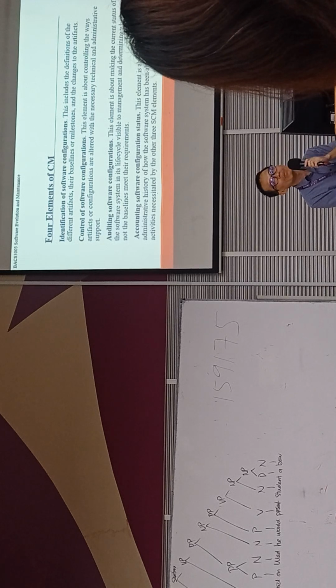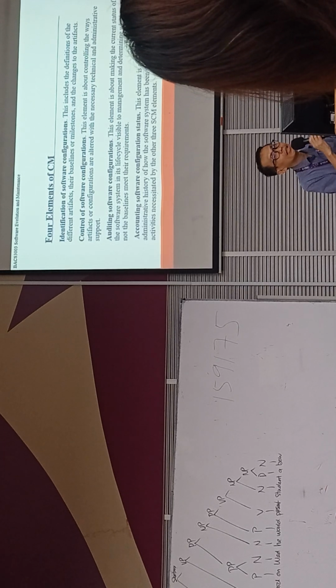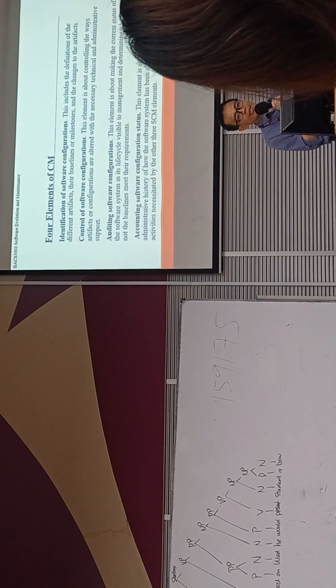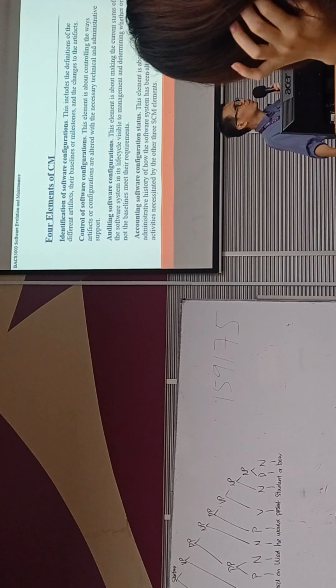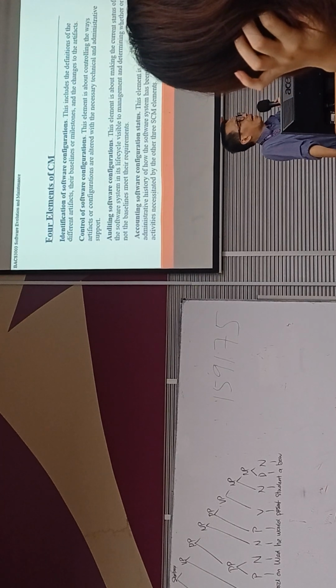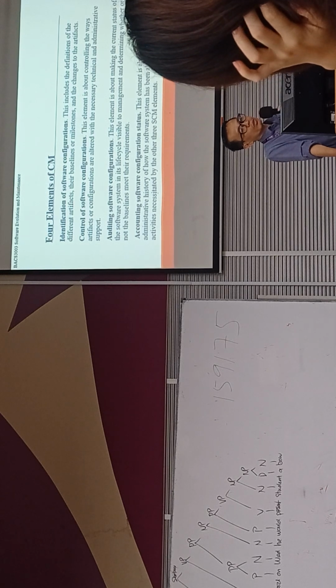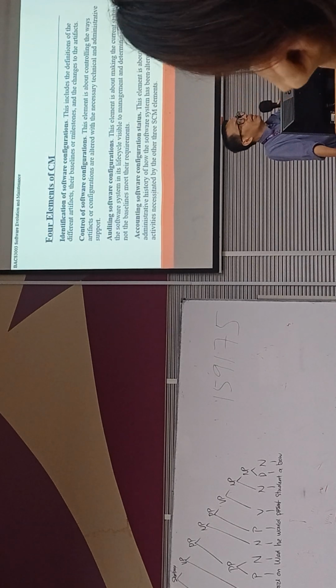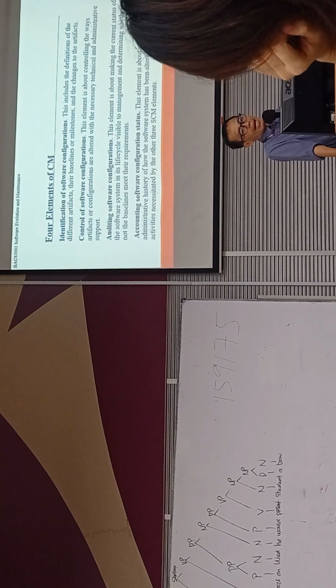Now there are 4 elements of CM. What are the 4 elements? Identify the configuration: this is to describe all the necessary artifacts involved in the project. Achieve the baseline, and the changes to the artifacts.